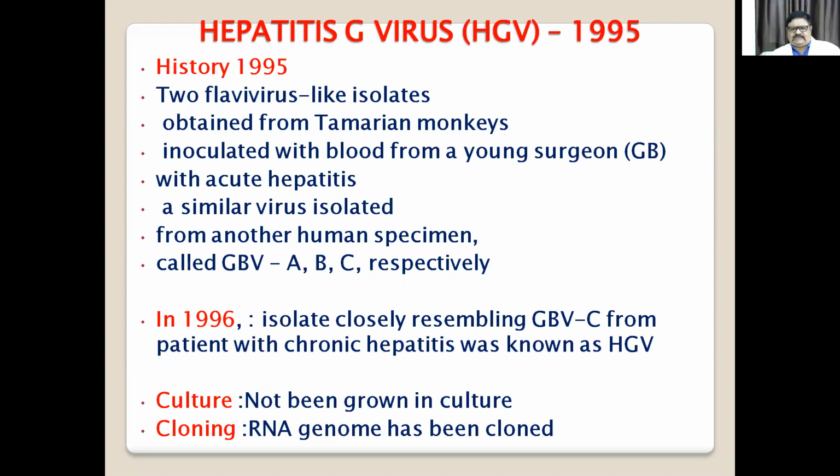But in 1996, a virus closely resembling GBV-C was again isolated. As we said, GB virus A, B, C. In that, the C part is closely resembling, and that is known as hepatitis G virus. This is all of historical importance only, but it is better to remember our history, because what we are today is because of our ancestors, and our children will have that knowledge as a base and look to the future depending on our knowledge.